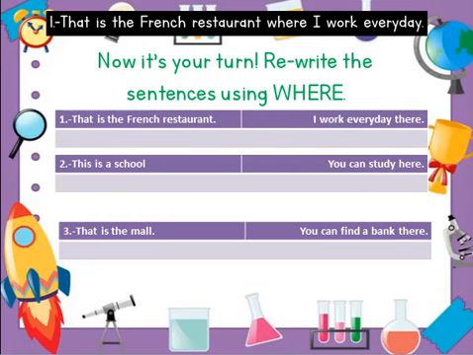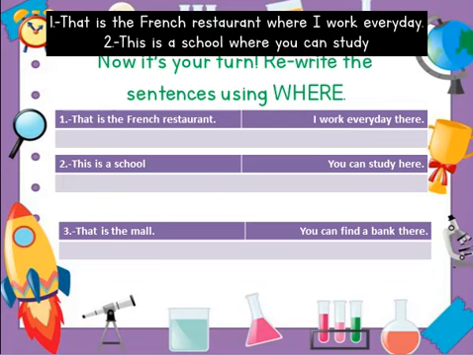Number 2, this is a school. You can study here. The answer is, this is a school where you can study. Remember, here refers to the school, so we don't repeat it, okay?